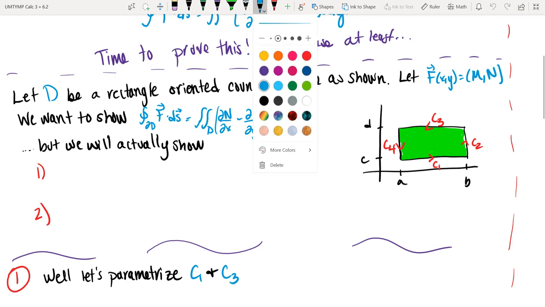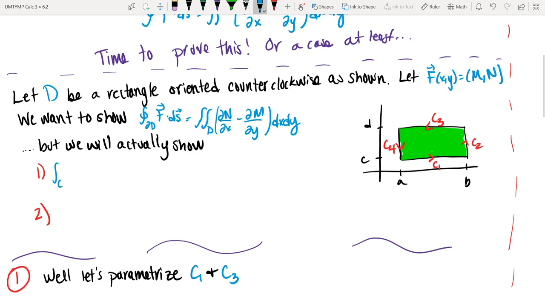One, we're going to say that the integral over C1 of f dot ds plus the integral over C3 of f dot ds, and you'll notice that these are opposite sides in the rectangle, is equal to the double integral over D of the negative partial of M with respect to y dx dy.